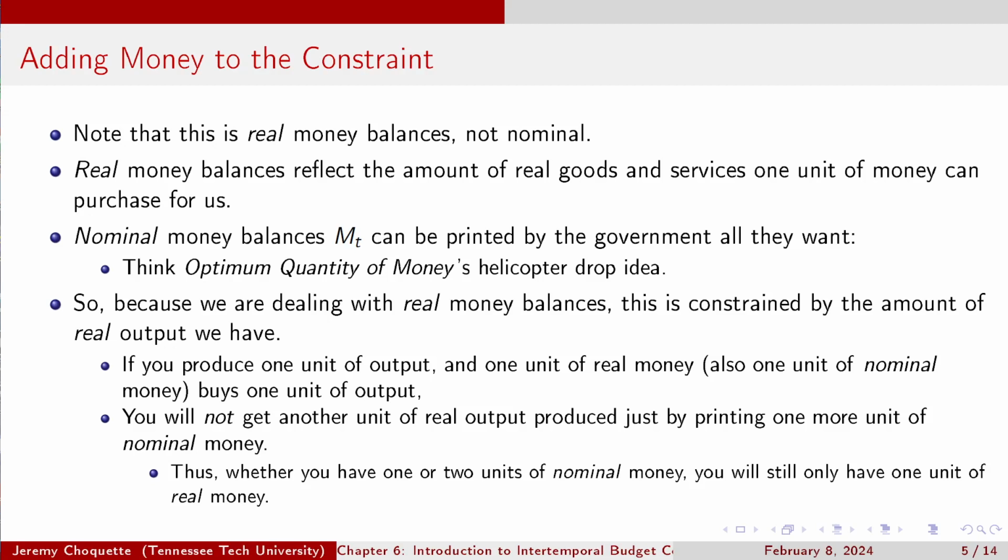In that case, you'd have 2 units of nominal money and still only 1 unit of real money. And in that case, you've got more money chasing too few goods. I think it was Ronald Reagan who said you've got too many dollars chasing too few goods. That's basically what we've got here. It's inflation: the amount of money circulating increases, but the amount of goods doesn't.